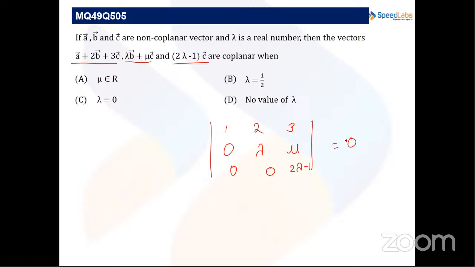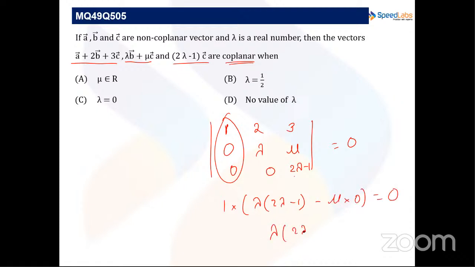Since A, B, C are non-coplanar vectors, and the combination is giving us coplanar vectors, on solving this determinant along the first column, we get lambda into (2 lambda minus 1) minus mu into 0 equals 0.